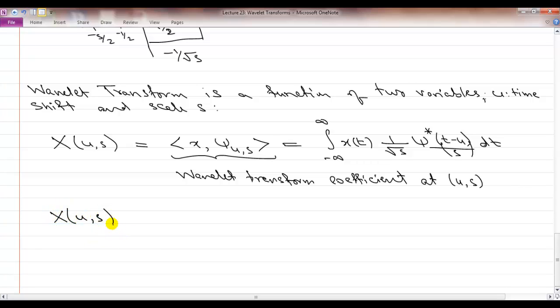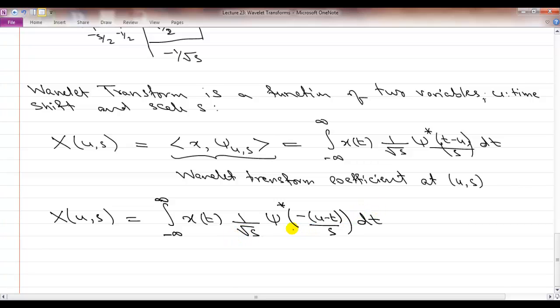X(u,s), if I do the right manipulation, is 1 over square root of s, integral of X(t) psi conjugate of (t minus u) over s dt, which we can rewrite as psi conjugate of minus (u minus t) over s.